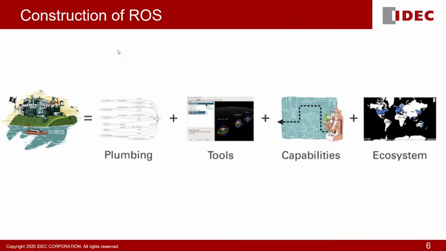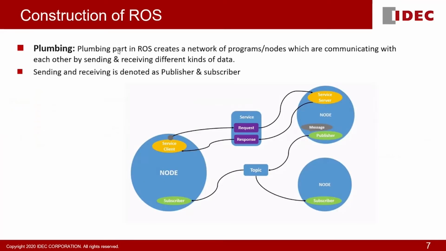Then ROS is made up of plumbing, tools, capabilities, and ecosystem. So this is how we sum up to make ROS. Let's go through each part. The plumbing can also be called communication middleware, which helps two or more programs to communicate with each other.